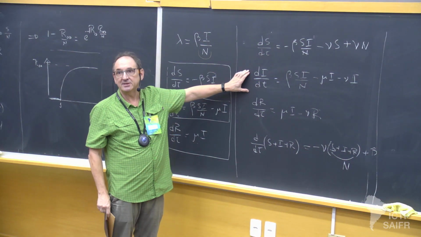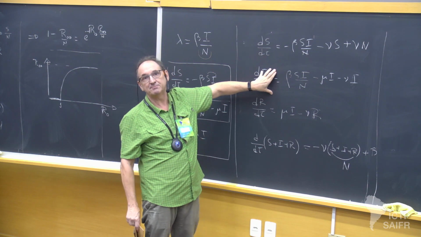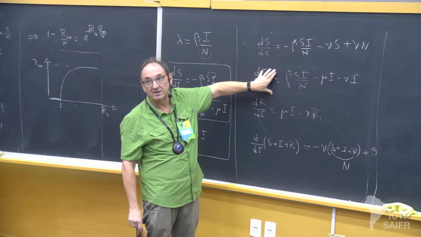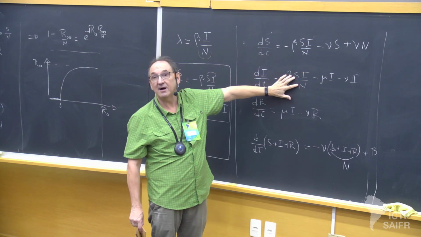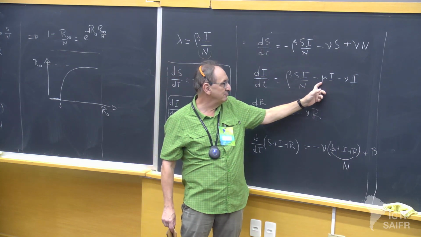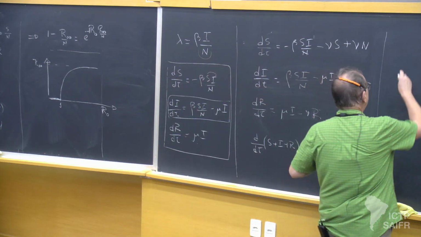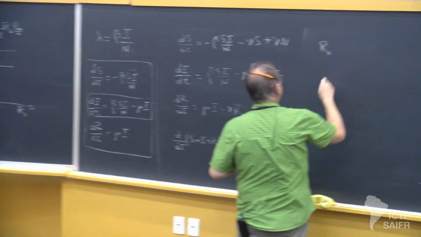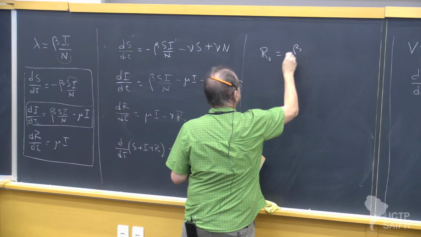Looking at this equation here, okay? And then seeing when this is bigger than 0, and at the beginning, then you make the same argument here that S is close to n, and then you have I times mu plus mu. So the R0, by the same reasoning we had before, will be just beta over mu plus mu.